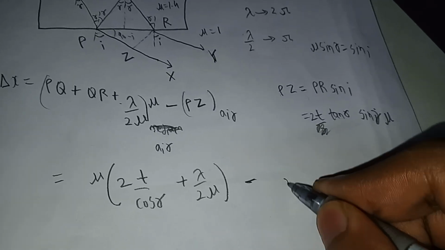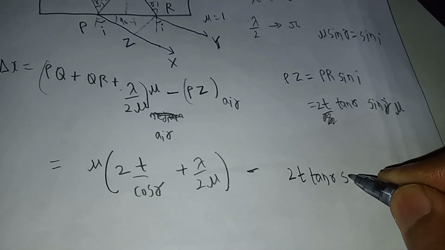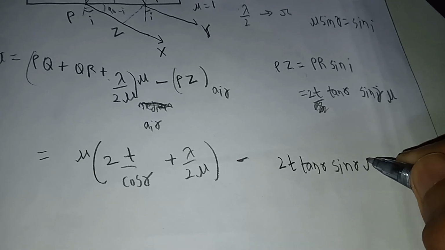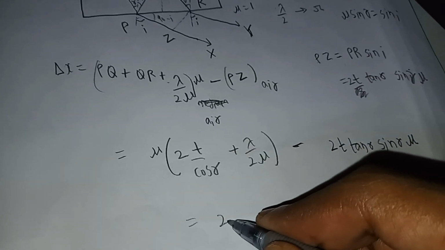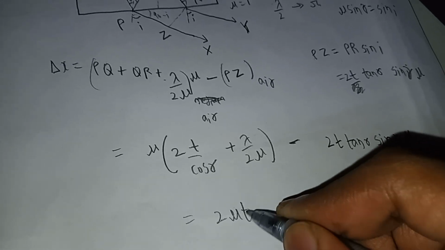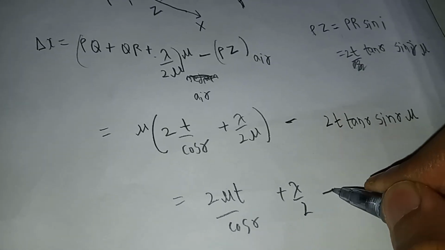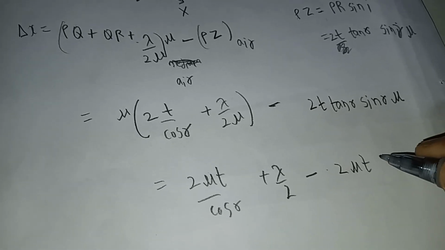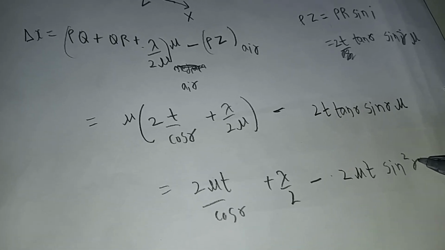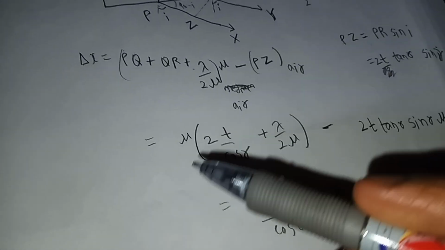Now write PZ here. So PZ is 2t tan r sin r into mu. So this finally comes out to be 2 mu t by cos r plus lambda by 2 minus 2 mu t sin square r by cos r equal to delta x.